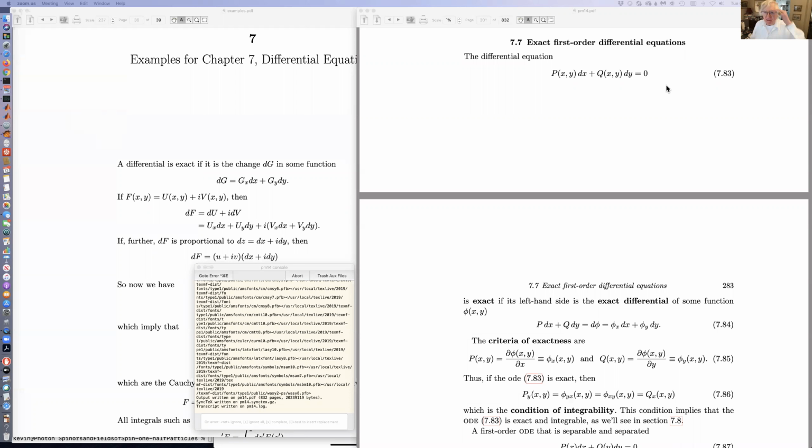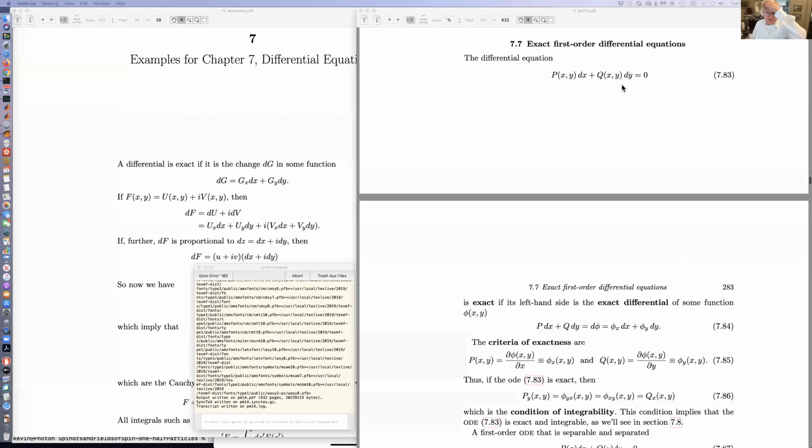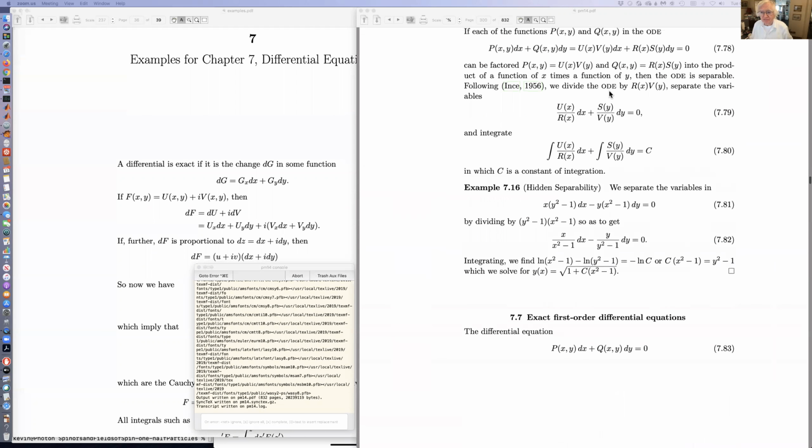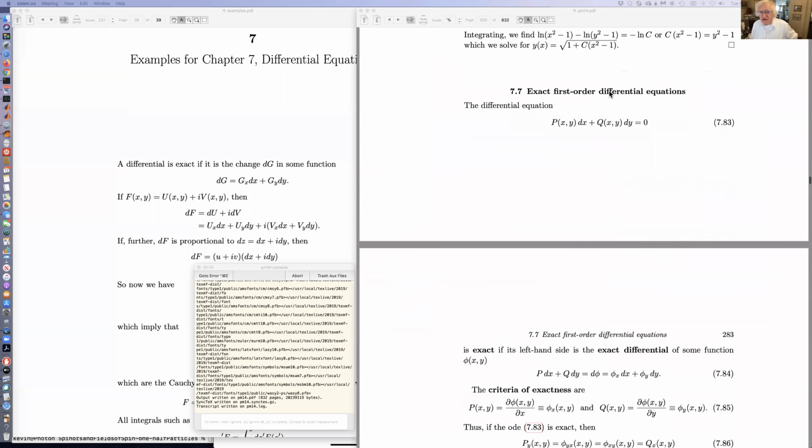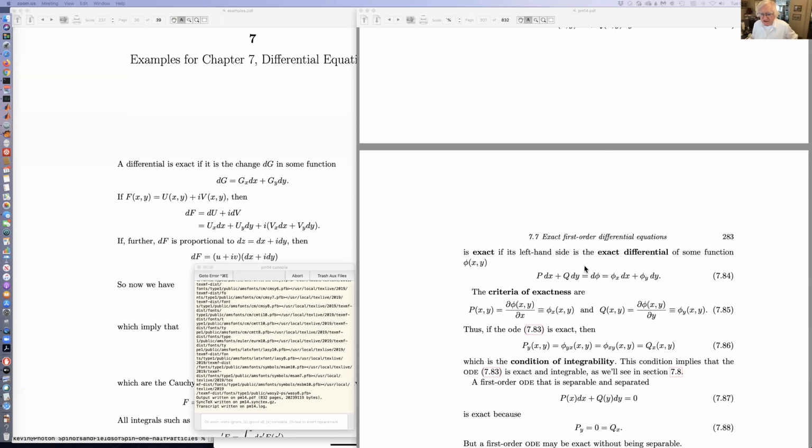So we were talking about exact first order differential equations, and basically a differential is exact if it's the differential of something.